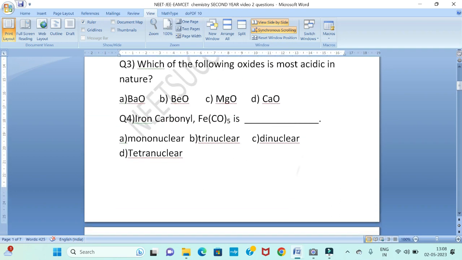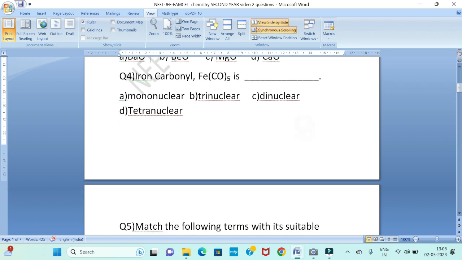Next, iron carbonyl. Fe(CO) subscript 5 is dash iron carbonyl: mononuclear, trinuclear, dinuclear, tetranuclear.